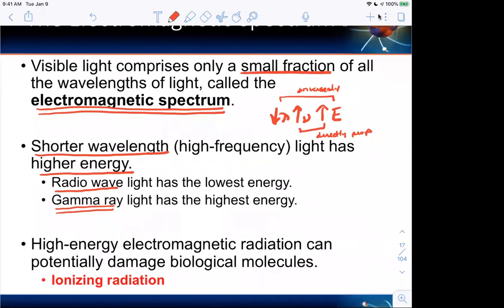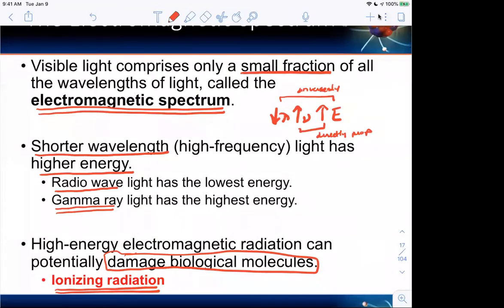That has the shortest wavelength and it has the most energy. This high energy radiation is very damaging to biological molecules. It's called ionizing radiation. This is the type of radiation that can do a lot of cellular damage and a lot of damage to your DNA.